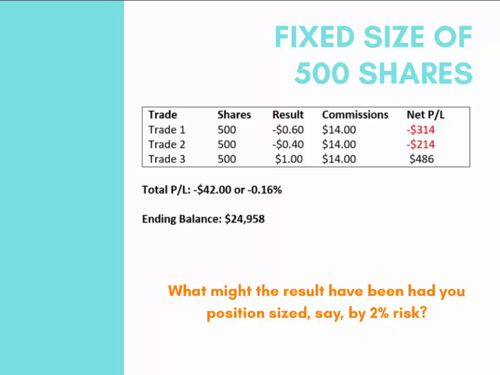Now your equity balance is at $24,472. Last trade has a profit goal of $1 and a very tight stop loss of 20 cents. This trade is a winner and you make a profit after commissions of $486. Your ending balance after all 3 trades is $24,958, a loss of $42 or negative 0.16%.